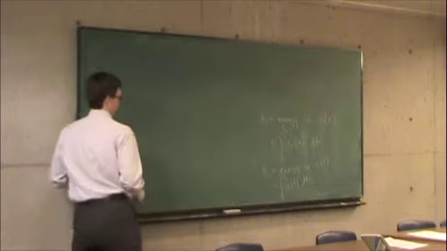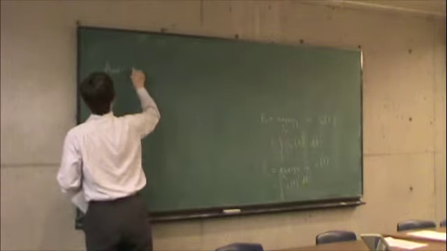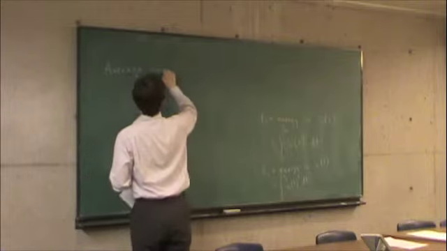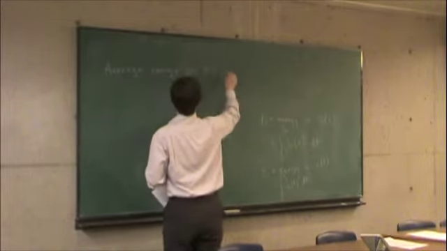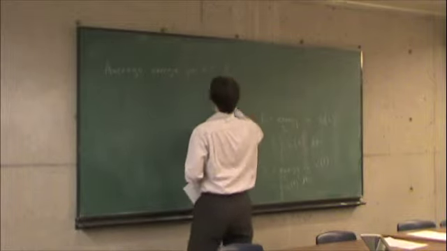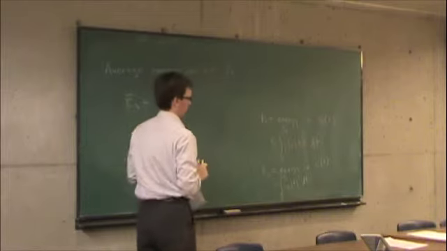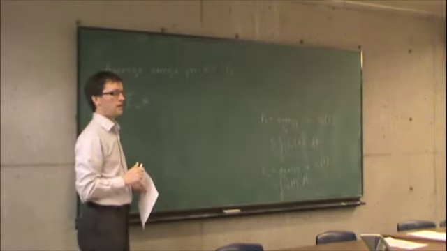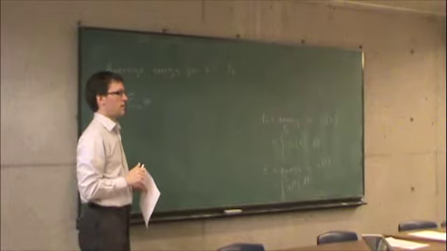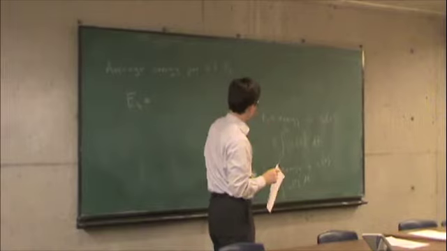If I want the average energy per bit, I'm going to call that E sub B. How do I get that? How do you think I would get EB from E0 and E1? Yeah, it's the average over those two.